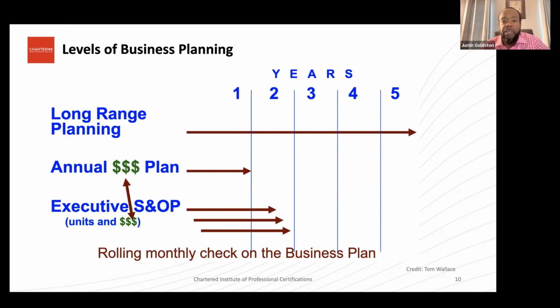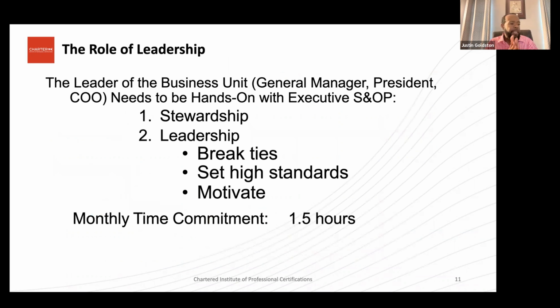So we talk a lot about executive S&OP. What is the role of the executives? What's the role of the leadership within the organization? So the executive has to bring all decision makers together.